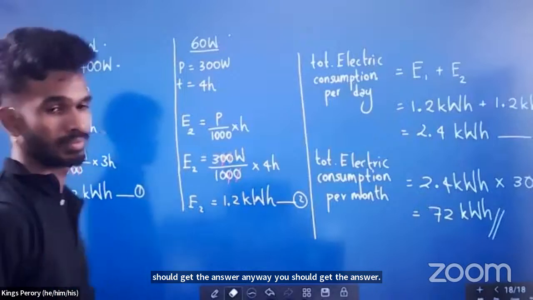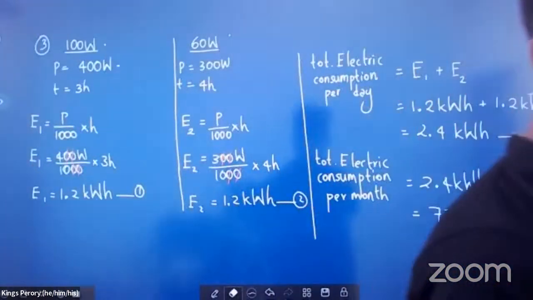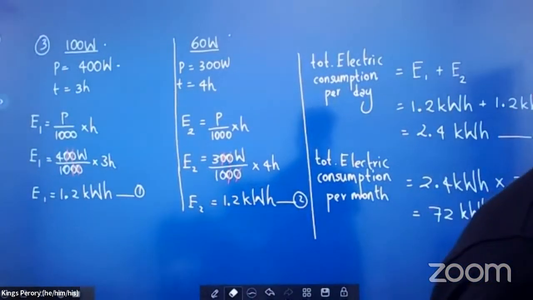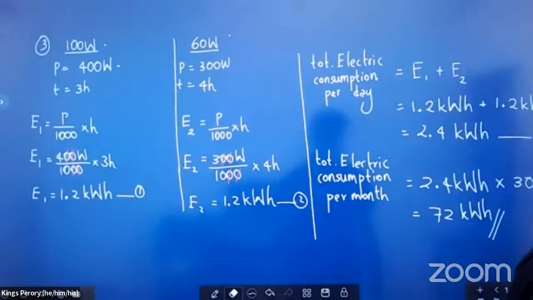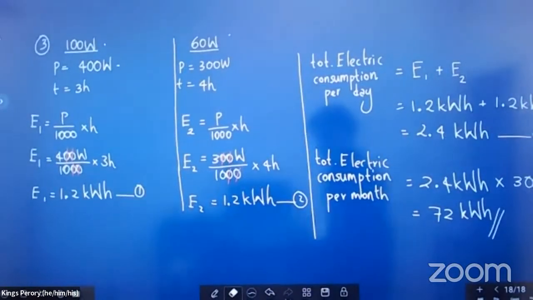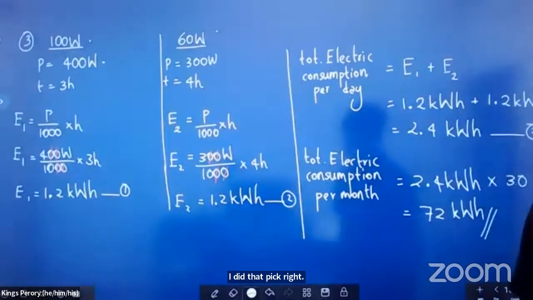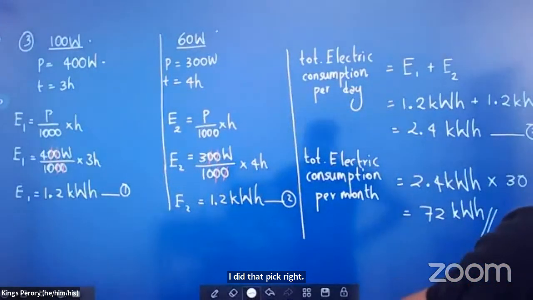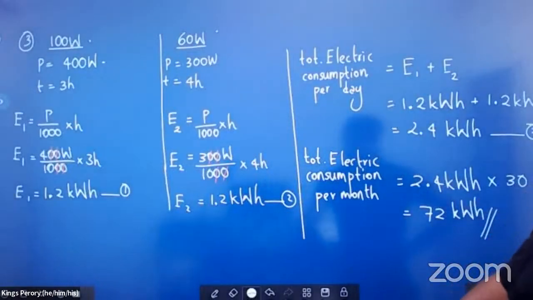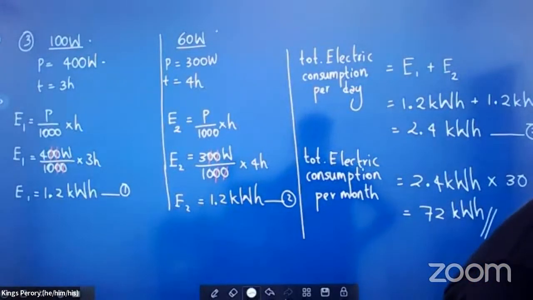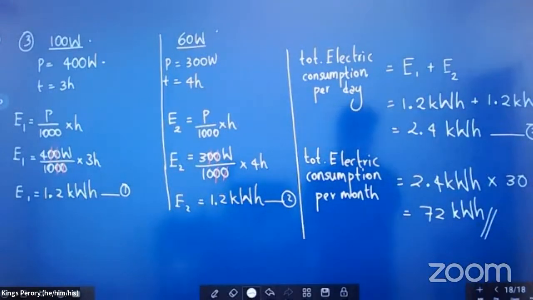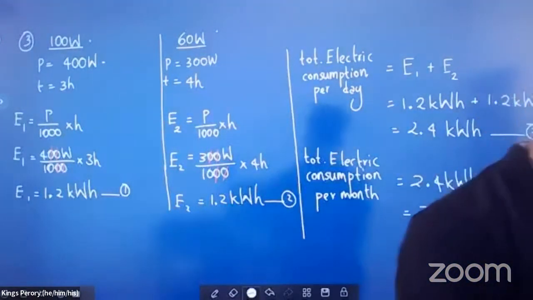I did that way, right? Without changing, like 300 watt total, I can multiply just as 3.